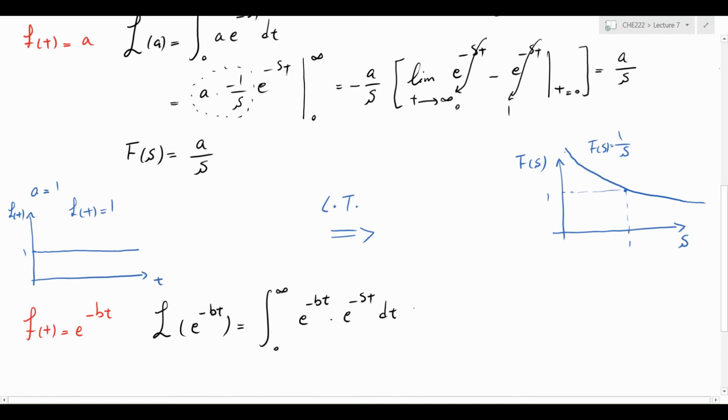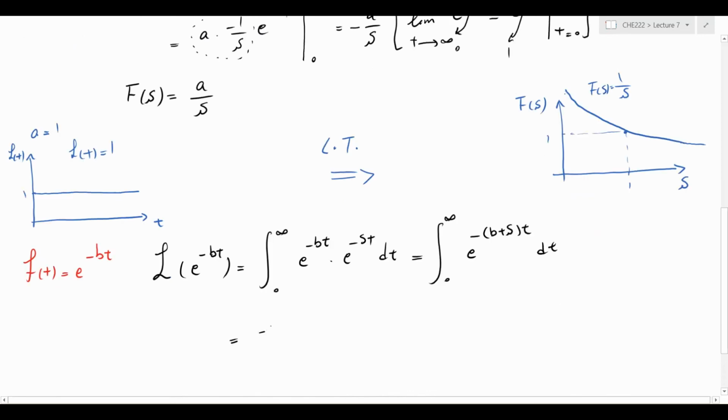We can simplify this to the integral from 0 to infinity of e to the minus (b plus s) times t dt, which is minus 1 over (s plus b) times the limit as t approaches infinity of e to the power of minus (b plus s)t, minus e to the power of minus (b plus s)t at t equals 0.